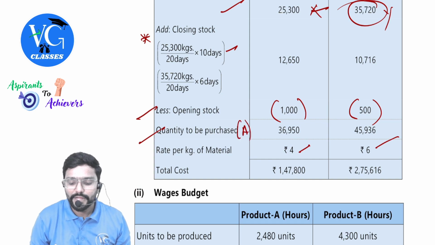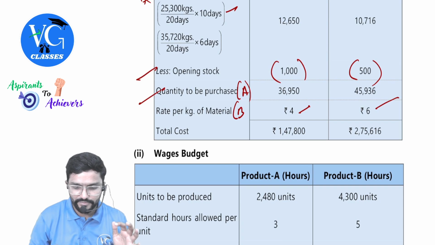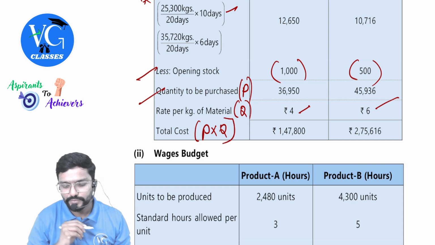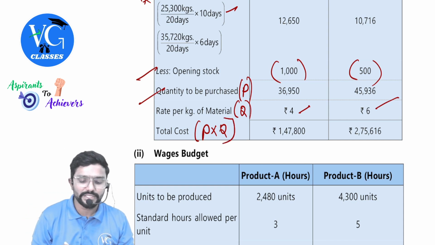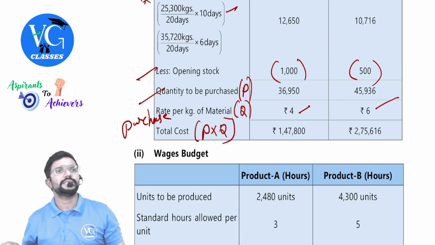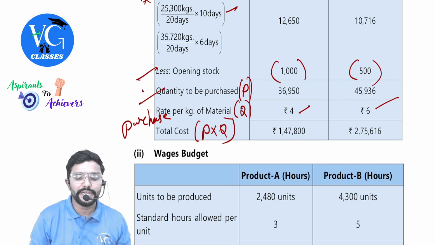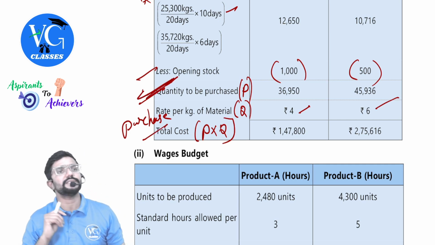You can take A and B, but product names are already A and B, so better you take different names: P, Q. This is P into Q. Total cost, the purchase cost. Purchase in quantity is here, guys. Purchase in rupees is last.